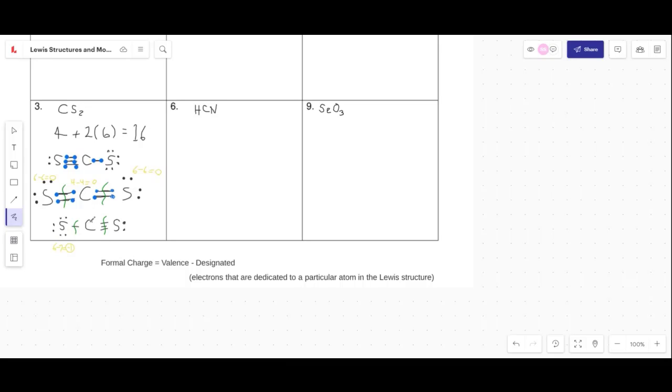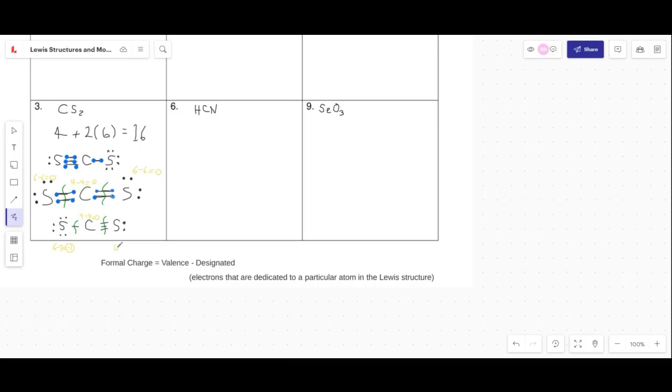And what about carbon? Normally it has 4. How many does it have dedicated around it in the Lewis structure? 4. So this carbon still has a formal charge of 0, so that's good. And then what about the sulfur on the other side?